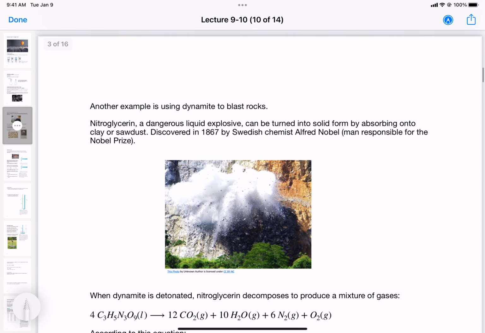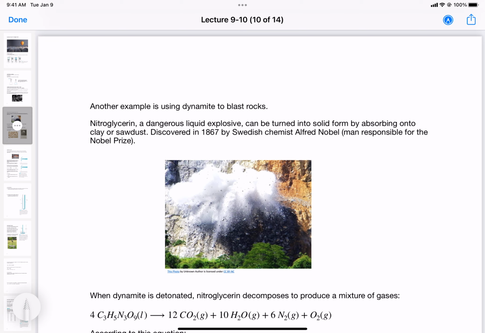Okay. Another very risky, or maybe exciting, example is when a dangerous liquid becomes an explosive. So nitroglycerin. If you Google nitroglycerin, you'll see some formulations of it.